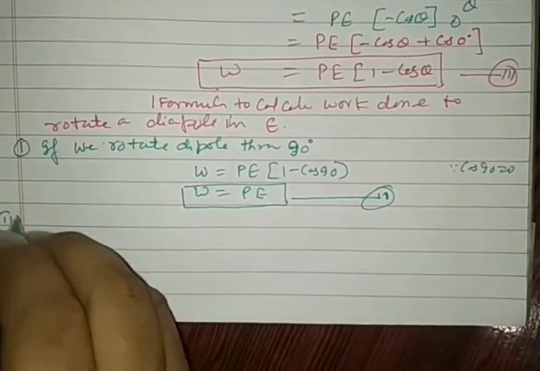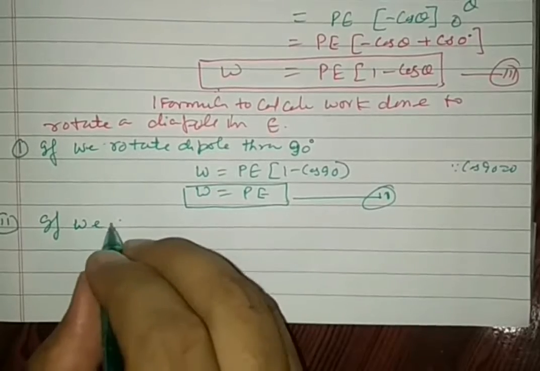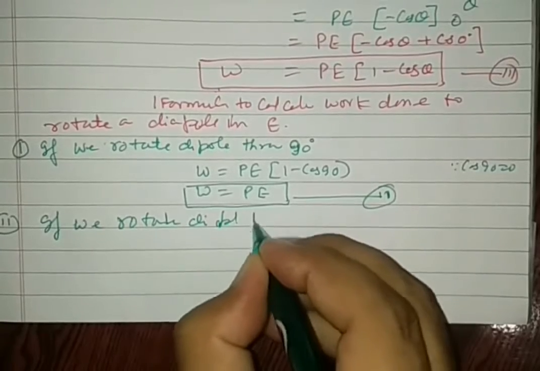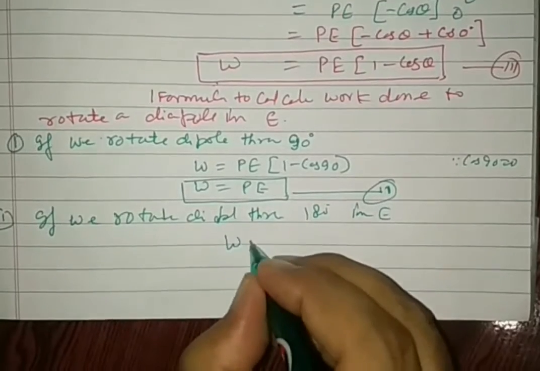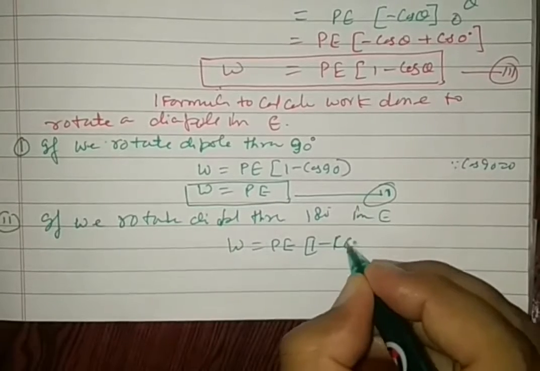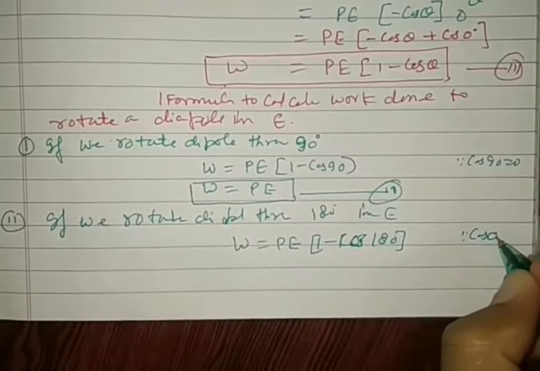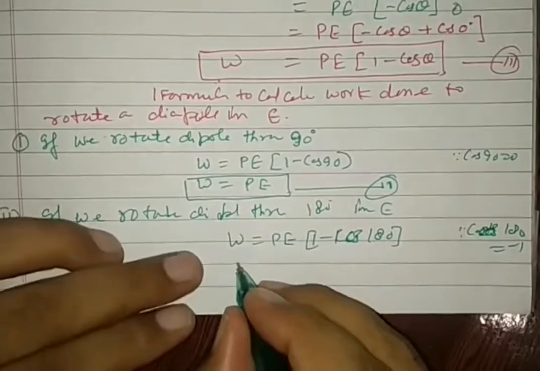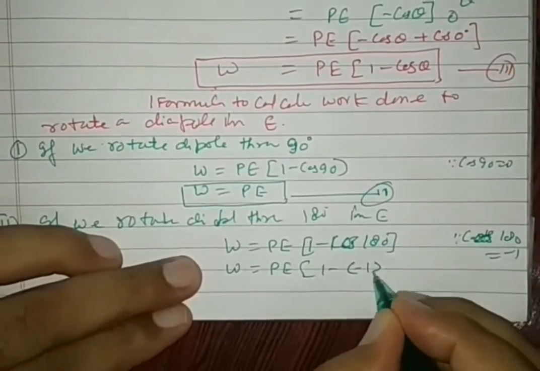Now second case, if we rotate the dipole through 180 degree in electric field, then W is equal to PE (1 minus cos 180 degree). Since cos 180 is equal to minus 1, it becomes W is equal to PE (1 minus minus 1).